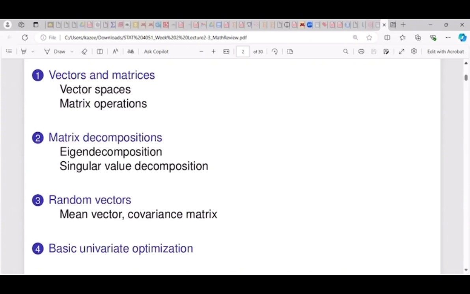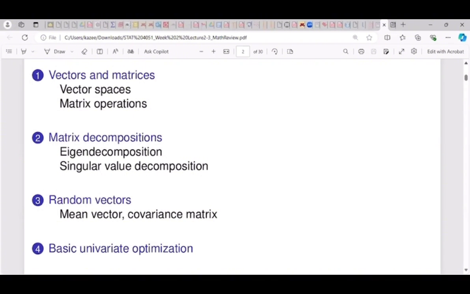If we really want to understand the data structure, and conduct a meaningful statistical analysis, of course, because we're going to be working with a data frame arranged in rows and columns, the methods of matrices and vectors become necessary. That is the reason why we're going to go over vector spaces and matrix operations.